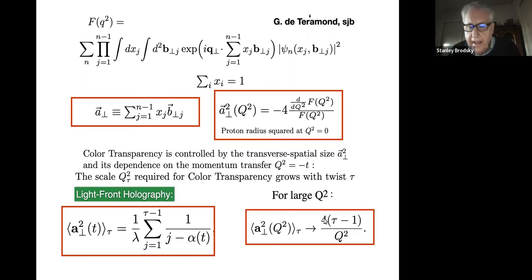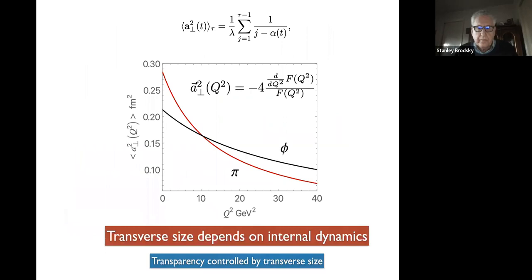And as I said before, the higher the twist, the longer it takes to get small, because it goes like twist minus 1 over q squared at large Q squared. In fact, if you compare the answer you compute from light front holography, you find this behavior for phi and this for pi. The phi starts out smaller because it's got s s-bar.